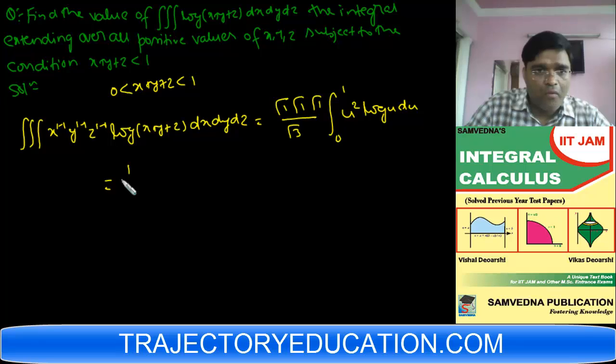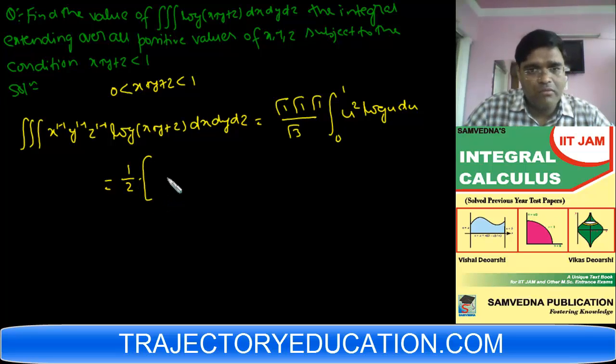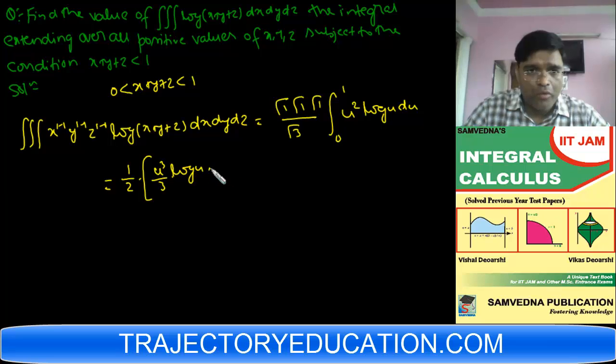So this will be 1 upon 2, and the integral can be solved. We can write this as u cube by 3 log u. We are using integration by parts.